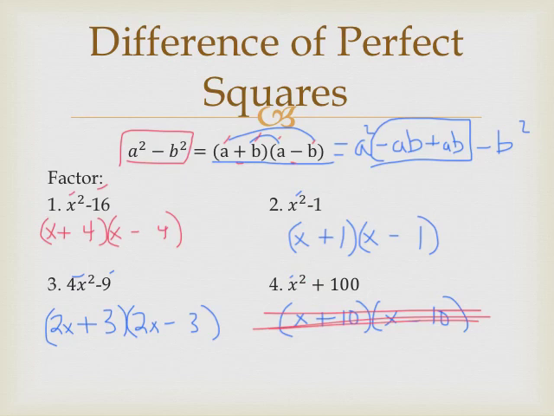So I made a mistake there of just putting my head down and barreling through, because I had 4 things that were exactly the same, so I just went on autopilot. You got to be very, very careful to not do that. Hopefully you caught that before I did. So this is the sum of perfect squares, x squared plus 100. There's actually no way to factor that, so this is not factorable. That actually has no answer.